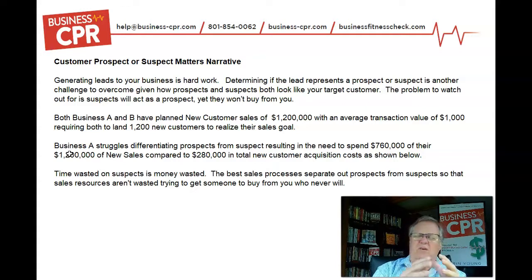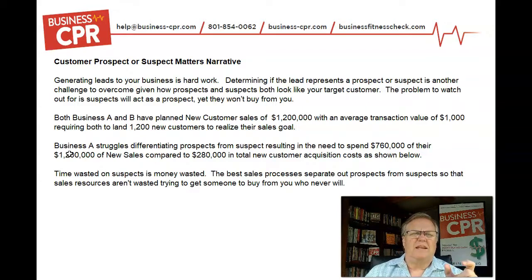In other words, they're not really good at differentiating between a prospect and a suspect. So they waste a lot of time with suspects, missing out on legitimate prospects who give up on them because they don't have time for them. Whereas business B uses a sales process, and they use it to differentiate their prospects from their suspects so that they don't waste time on suspects.